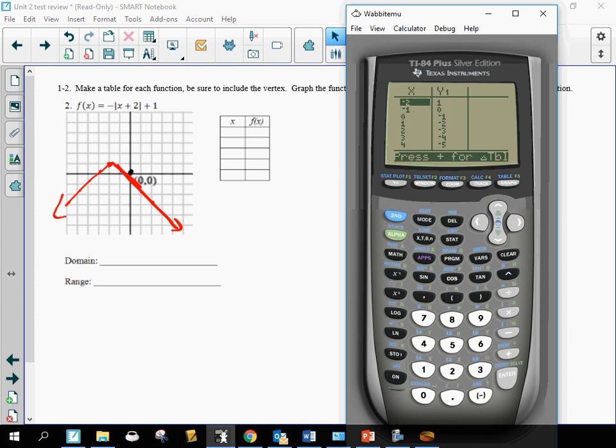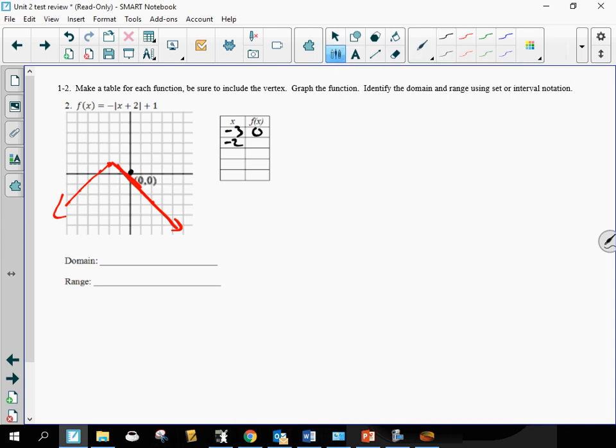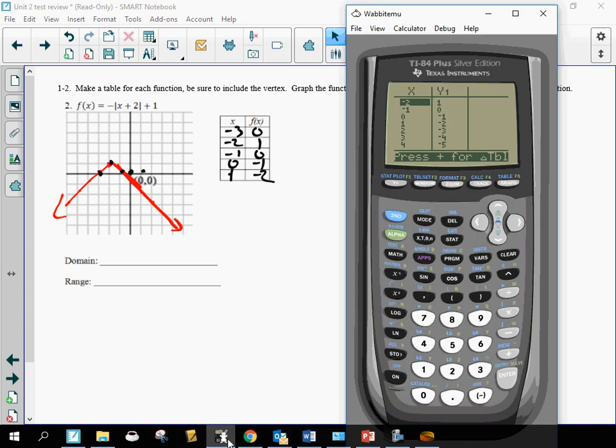So when I get my table of values, I want to use the points that are actually on my graph, like -3, 0, -2, 1, -1, 0, 0, -1, 1, -2. And you will see that all of those points are on there.